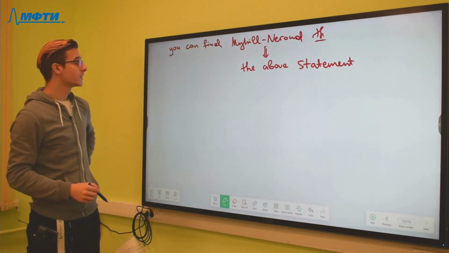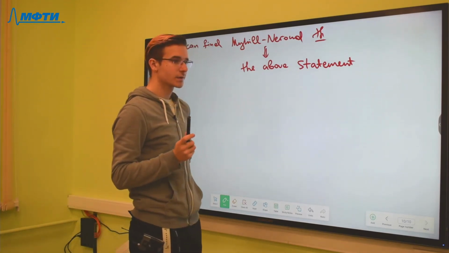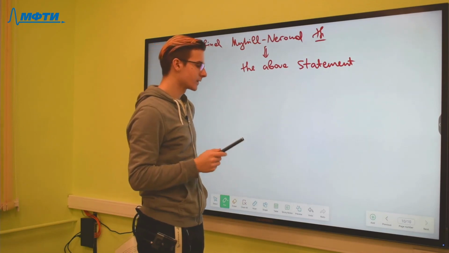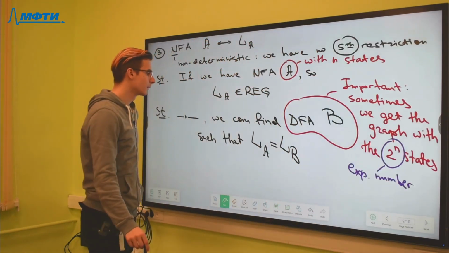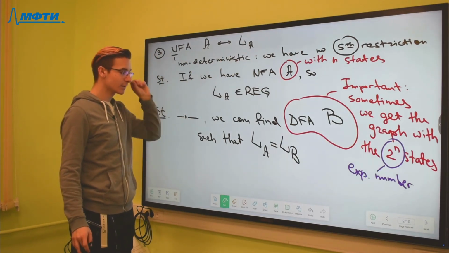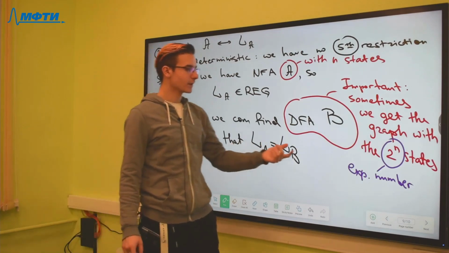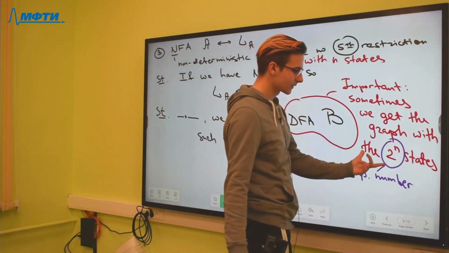So it is necessary to understand that if we try to make a DFA from an NFA with the same language, we can get an exponential number of states.